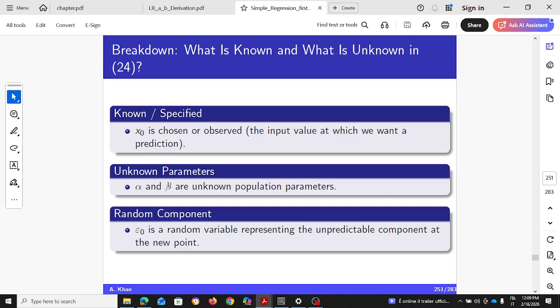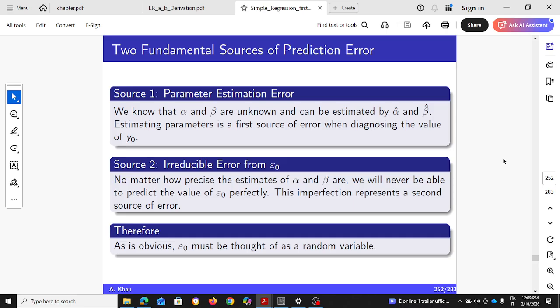We know alpha and beta are the unknown parameters, so we have to calculate alpha and beta, and then we have the random component, which is unpredictable. We know nothing about this error. So there are now two sources of error that come into our model.